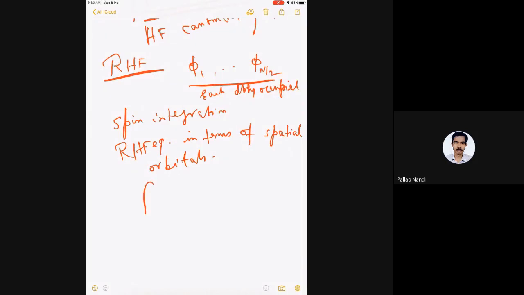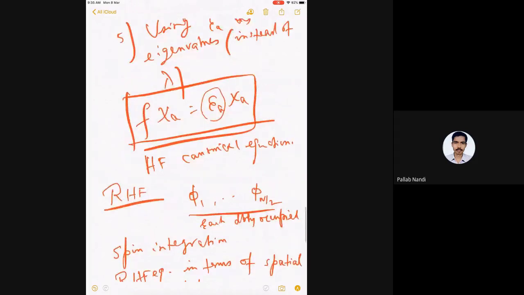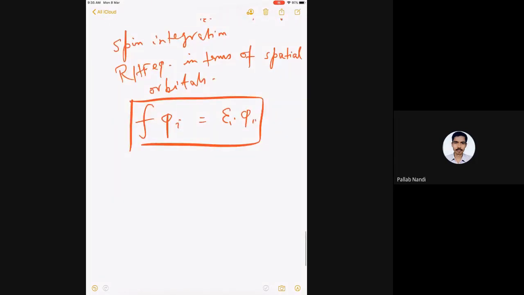So you have a very similar equation where I can now write F phi i equal to epsilon i phi i. Very similar to this equation, except that these are now spatial orbitals. These are the same orbital energies, which were written as epsilon a; I can now write epsilon i. These are all dummy indices, so it does not matter.